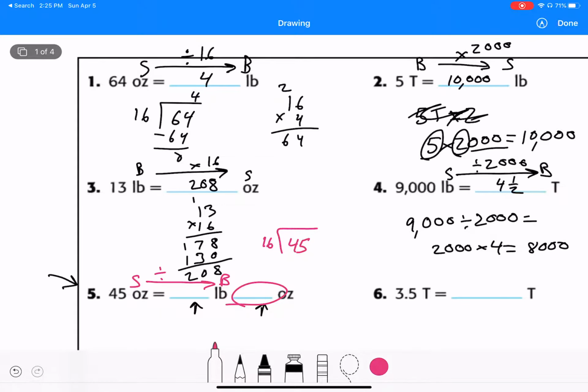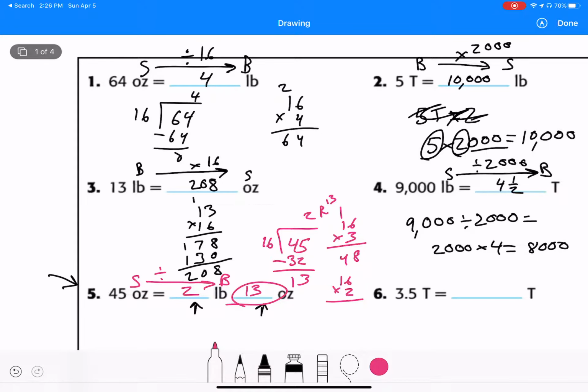So 16 times, let's say 3, 18, carry a 1, 3, 4, that's too much. So that's going to be 16 times 2, which would be 32. Subtract and we get 13 ounces left over. So this says 2 remainder 13, which is 2 pounds and 13 ounces.